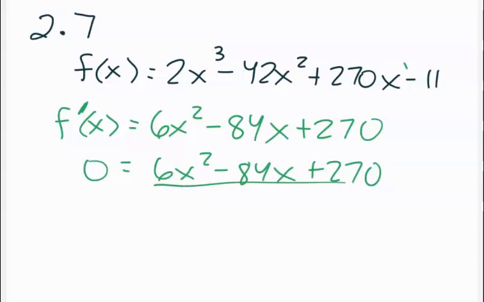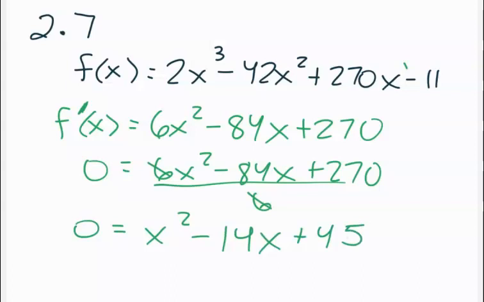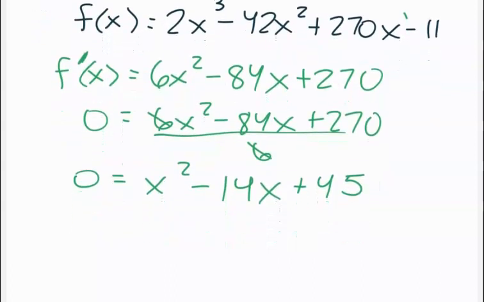So if I divide everything by 6, I get 1x squared minus 84 divided by 6 is 14x, and 270 divided by 6 is 45. So even if this does factor, this would be easier to do from here probably.